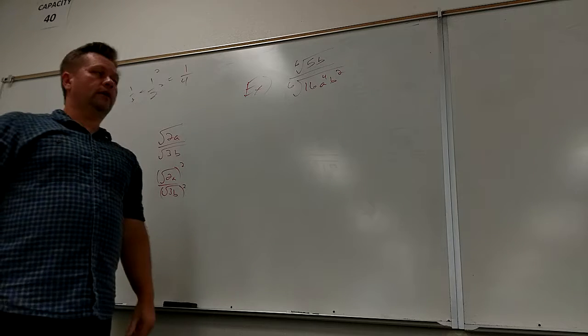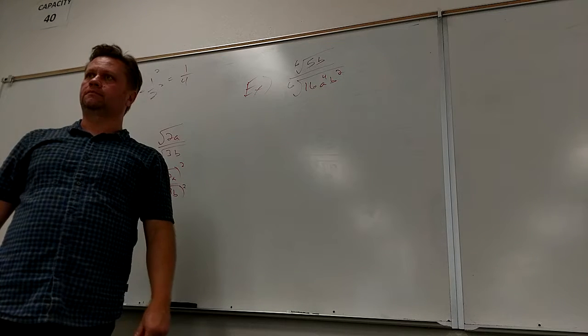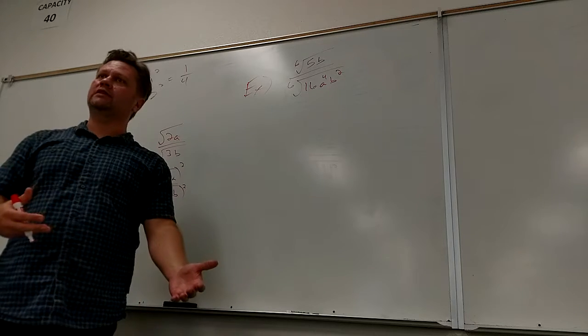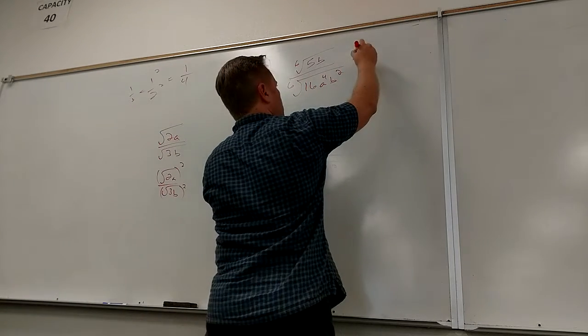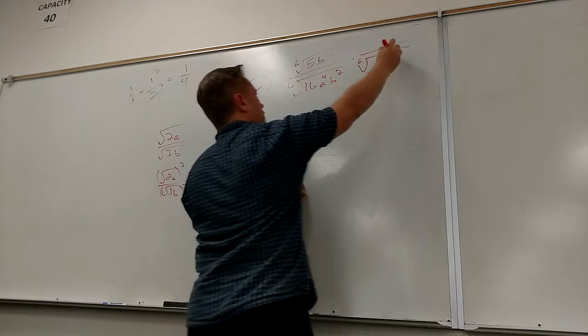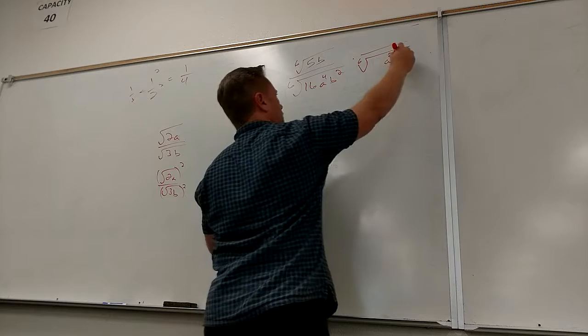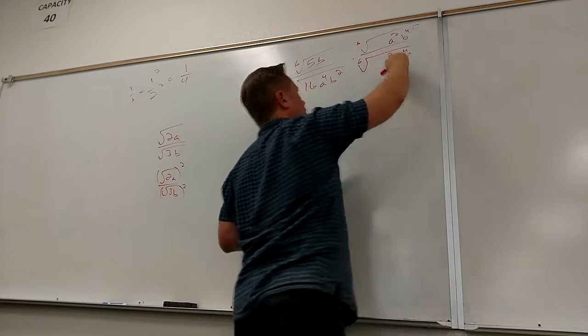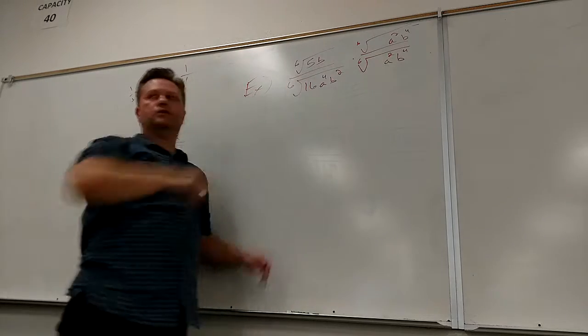How many more a's would I need for the bottom? 2. Does everybody see that? It's the 6th root. I can only do it if there's 6 things. So let me just look at the a's first. I'm going to leave a little room for the number. How many more b's do I need? 4. Does everybody see that? Why do I need 2 more a's and 4 more b's? Because then that makes 6, and then the 6th root can do it.